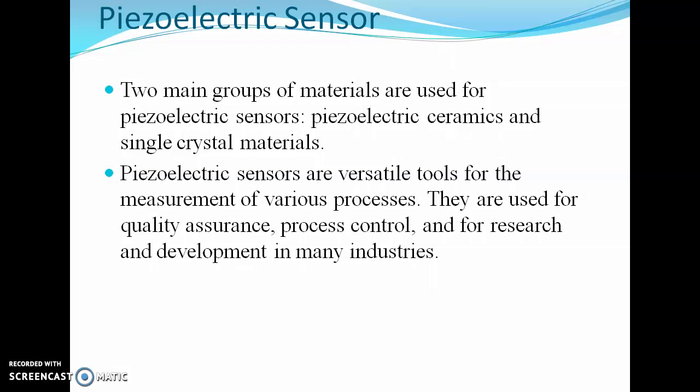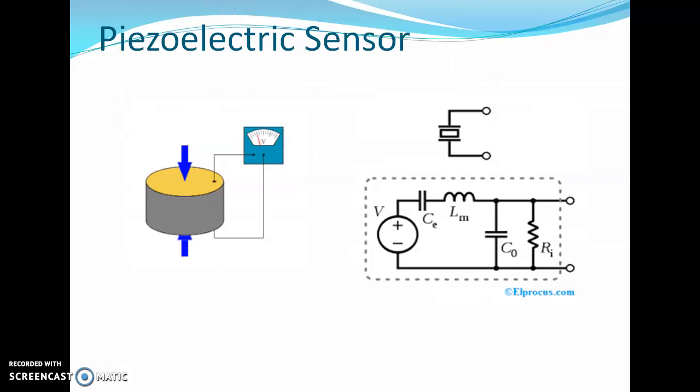These are the various applications of piezoelectric sensors. So basically it is used on the shop floor for measurement of various processes. This is how the circuit and piezoelectric sensor is.